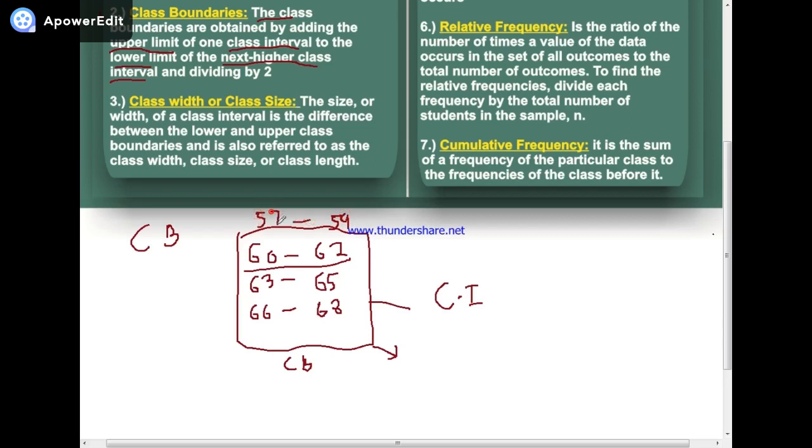So if you want to get the lower class boundary of this 60, you will add this 60 plus this 59. That is 60 plus 59, divided by 2.